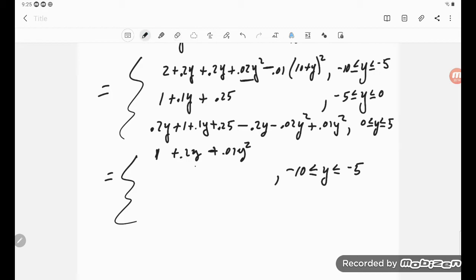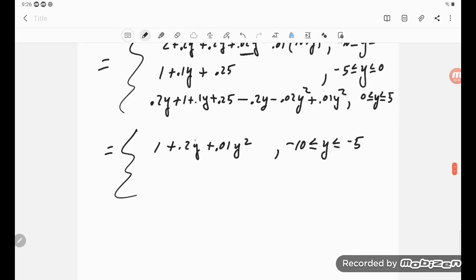I get this thing, so 1 plus 0.2y plus 0.01y squared. So I'll erase this one. Okay, so we have that. And part of my checking that was just to look at putting in -10 and -5.